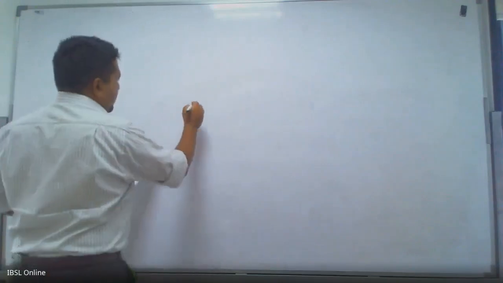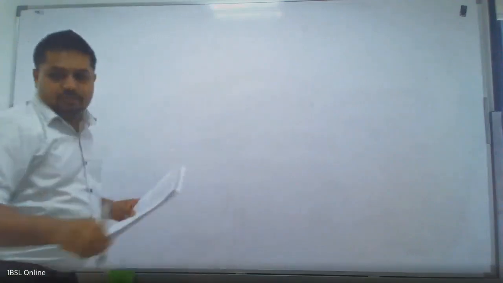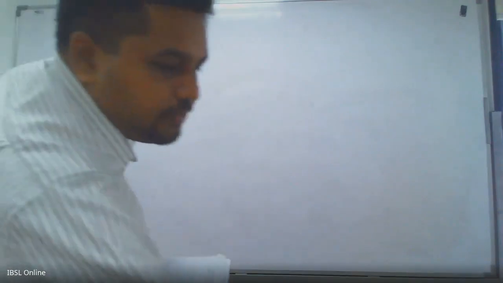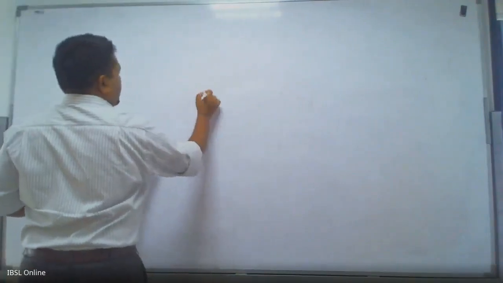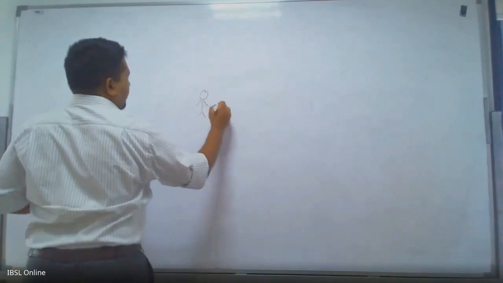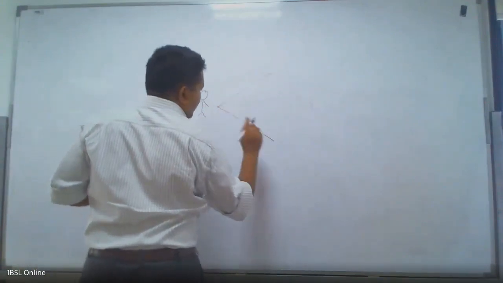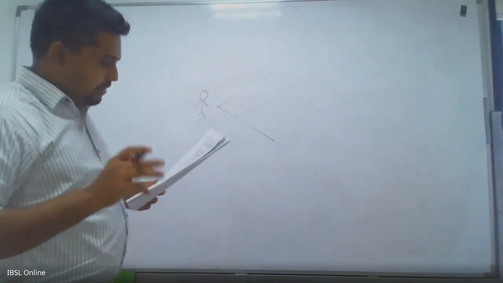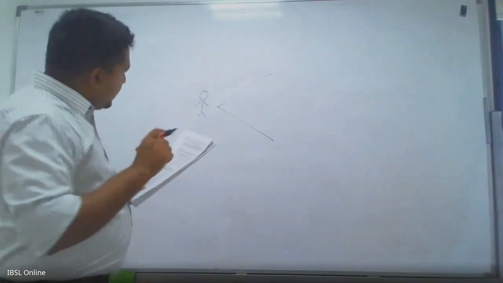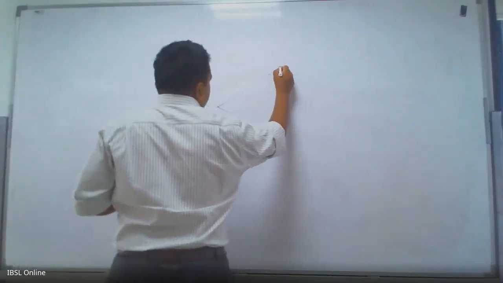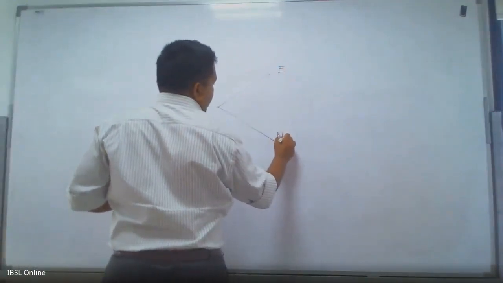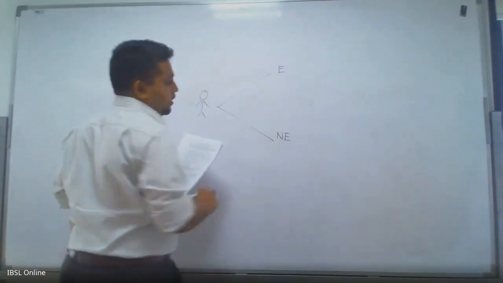Now, for a randomly chosen employee, I'm going to state the first event, that is, having a degree in economics. E stands for economics. NE is going to stand for not having economics in this case.